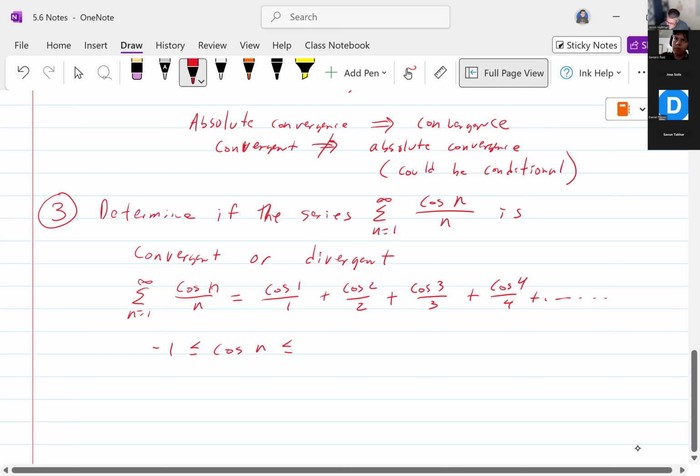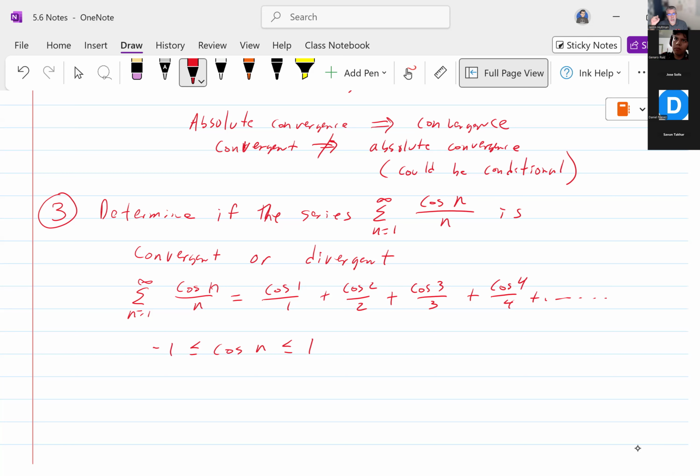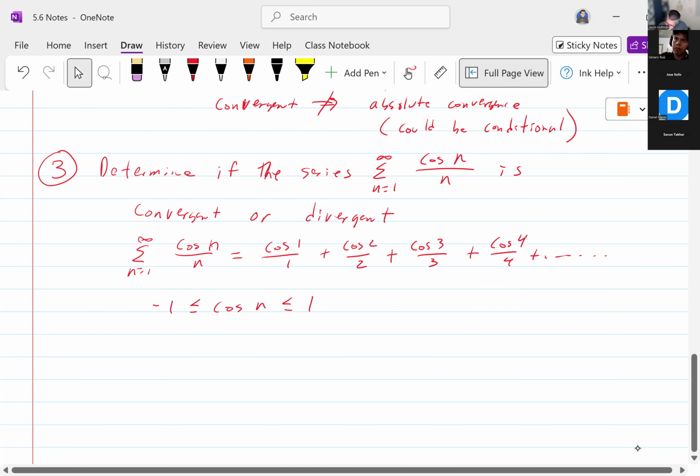The cosine function is going to bounce up and down, bounded between negative 1 and 1. Does that make sense? So I'm going to rewrite this as the absolute value of cosine n is less than or equal to 1.